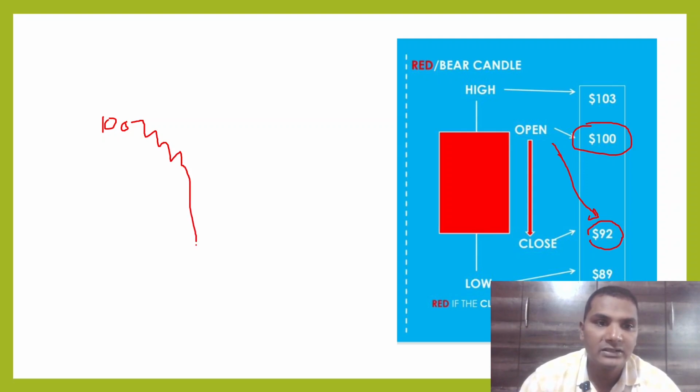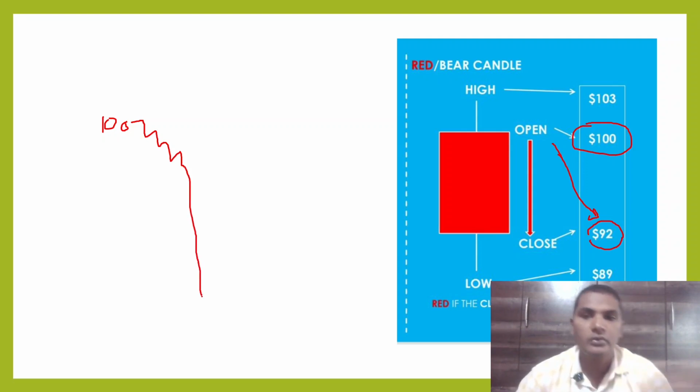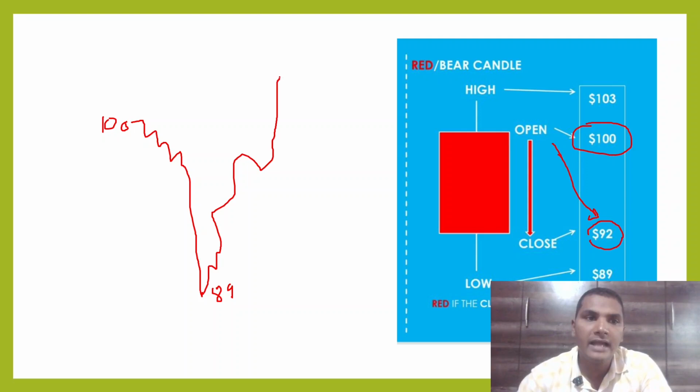The stock has gone down to around 89, suppose at 11 o'clock the stock went to 89 rupees, and again the stock went up and made a high of 103, at around suppose 11:13.